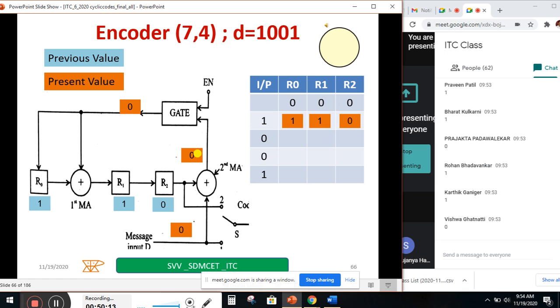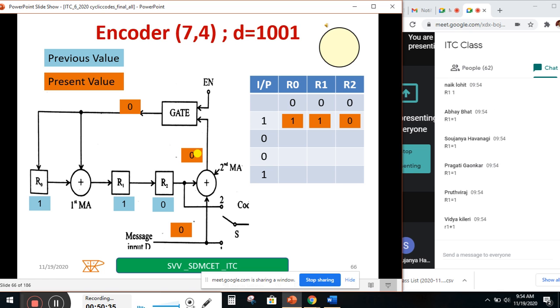Okay, many are typing 0. Bharat, you type R1 equal to 1, R0 equal to 1, something like that. Shripad is typing 1, Shahasana is typing 0. Type R0 or R1 equal to. Very good, R1 equal to 1. Chaitra, Praveen, Bharat, all are telling R1 equal to 1. Very good.